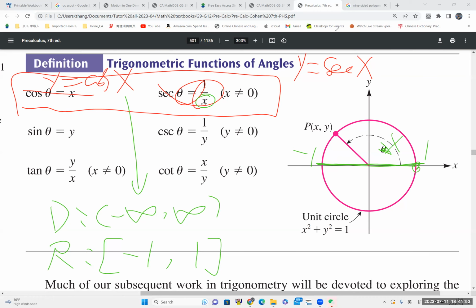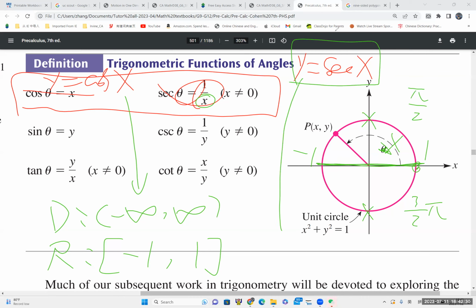So anyway, if the x coordinate cannot be 0, then it cannot be on the y axis, right? That means the angle cannot be 90 degrees or just half pi, or 270 degrees, that means 3 over 2 pi.